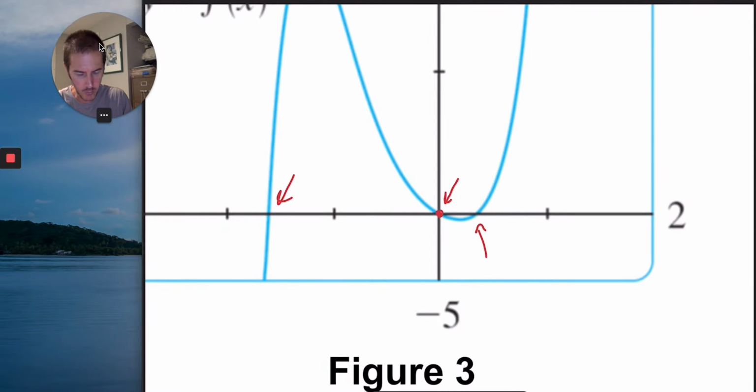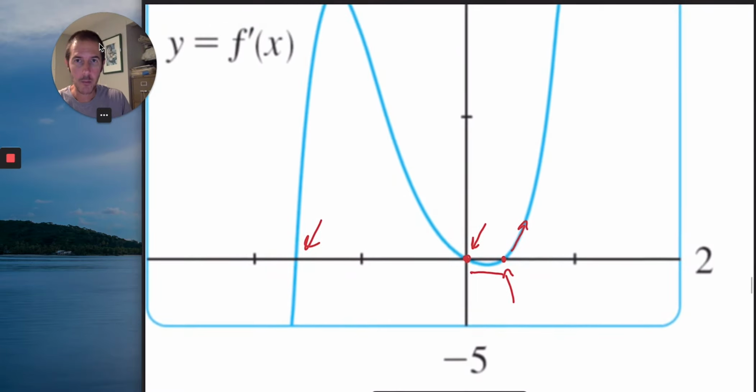So this was, excuse me, our best guess. But tough to see the transition from our slope being negative on this interval and then changing to being positive again over here.